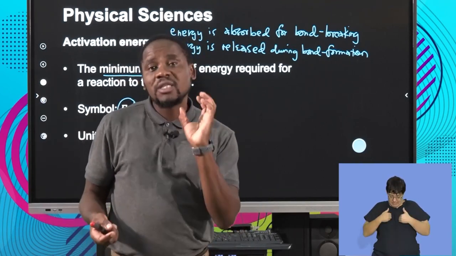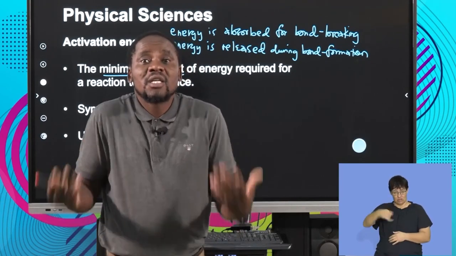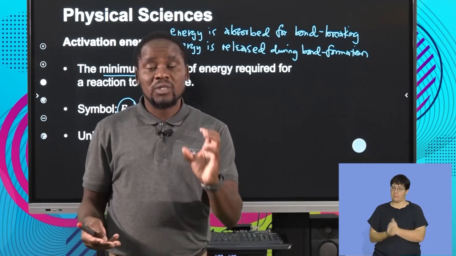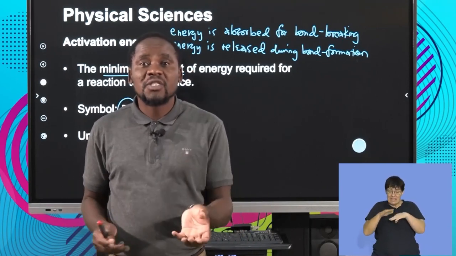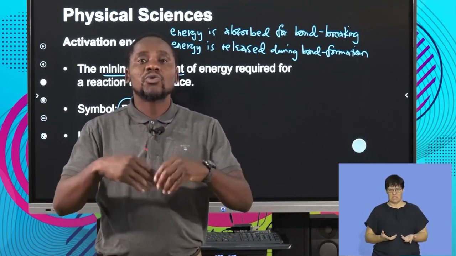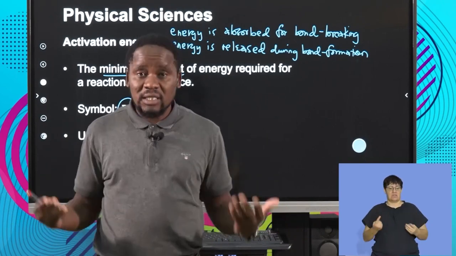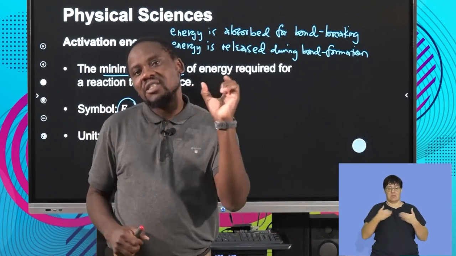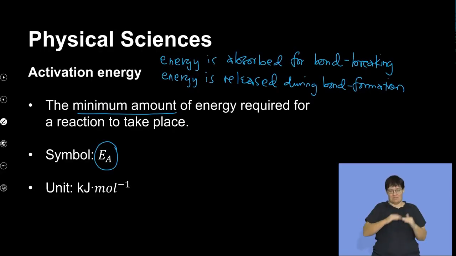If we supply that reaction with 40 kilojoules, the reaction will not take place, because the minimum, the threshold required, is not met by what is supplied. Anything equal to or greater than 50 kilojoules of energy will start that reaction. So the emphasis is on the minimum, which is the threshold. The SI unit of activation energy is kilojoules per mole.